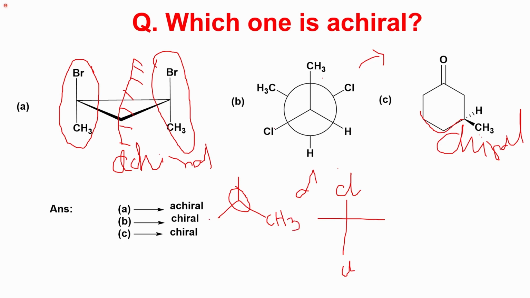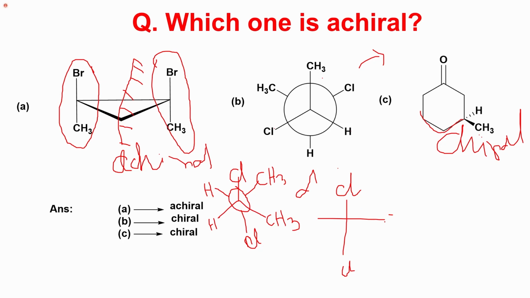Now this hydrogen will come here. With a 60-degree rotation, Cl will come here. Now the opposite one, all these things are the same. Now with a 60-degree rotation, Cl will also come here. This one will also come here. Cl will come here, hydrogen will go there, and the CH3 will come here.